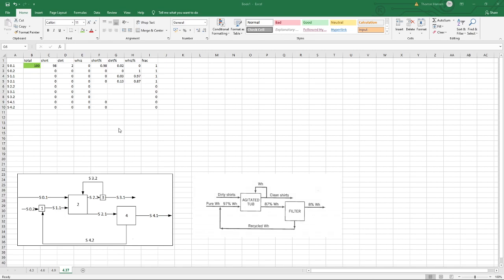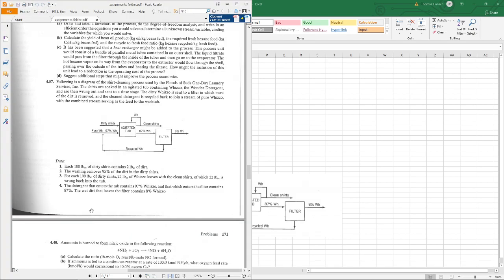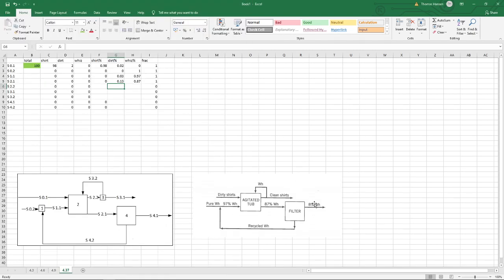We'll just find this one. So here, we can actually see it. You can see that our exit stream 4.1 contains 8% Viso. So that is our 4.1, contains 8%. And immediately we know the percentage of dirt in that stream. That is all we are being told.